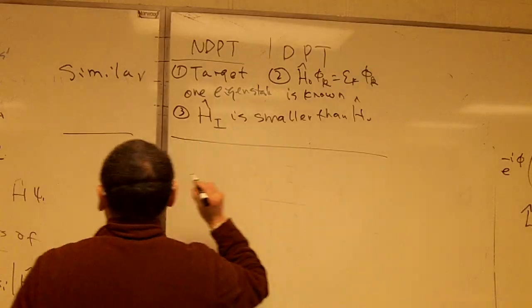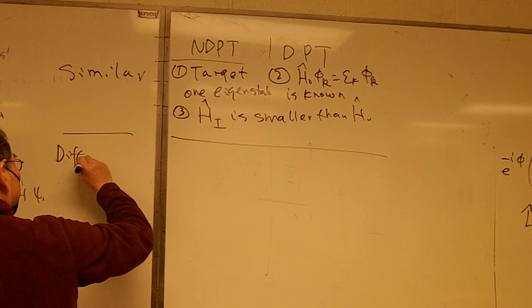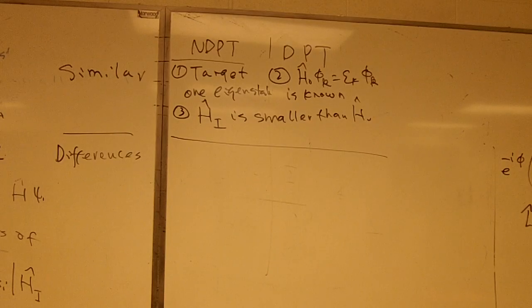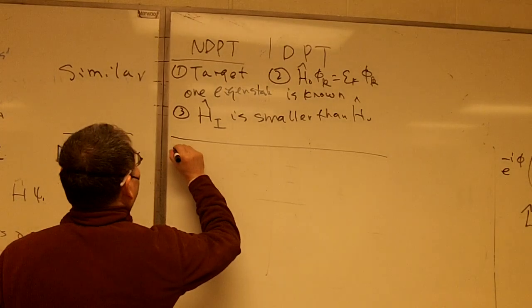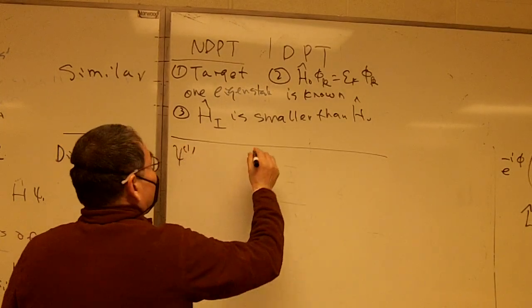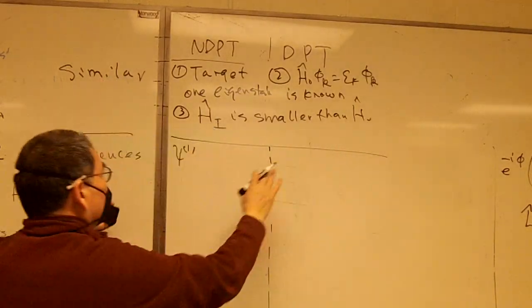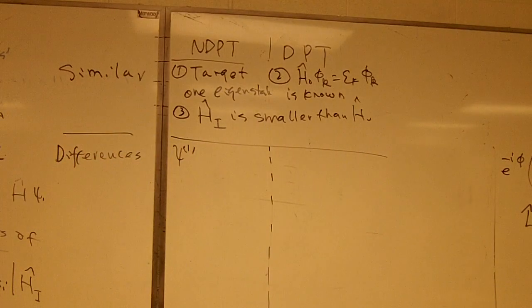Now what's the key difference? The key difference is the following. Let's look at the first order wave function. So here we need a separation now. So they are the same, but the bottom one is different.